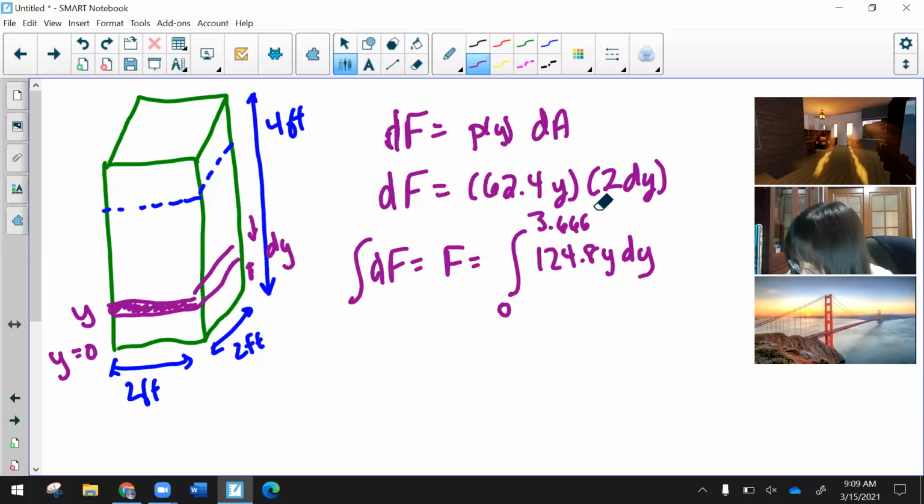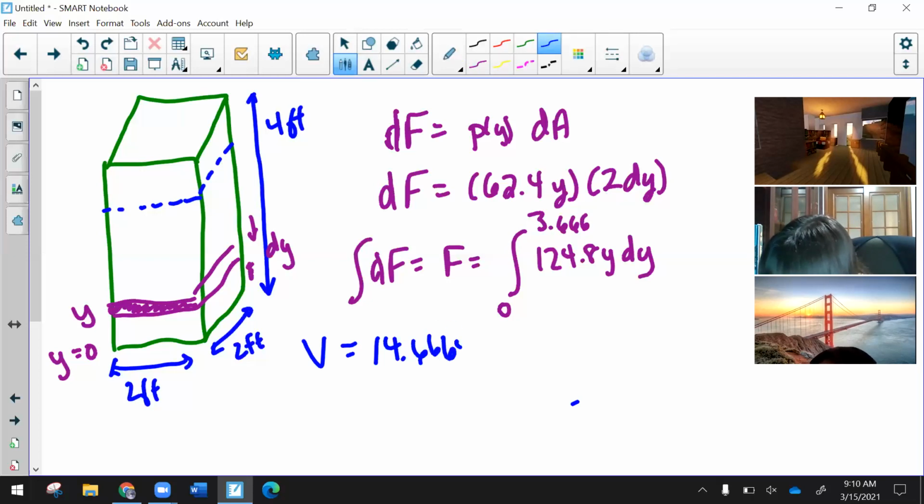And she said, okay, so I know that the volume of water still has to be a rectangular solid, so it's still going to be length times width times height. And I know that the base is 2 feet by 2 feet. So she said, well, whatever the volume that I got from part A, which was equal to, let's see, I think I got 14.6664 feet cubed.